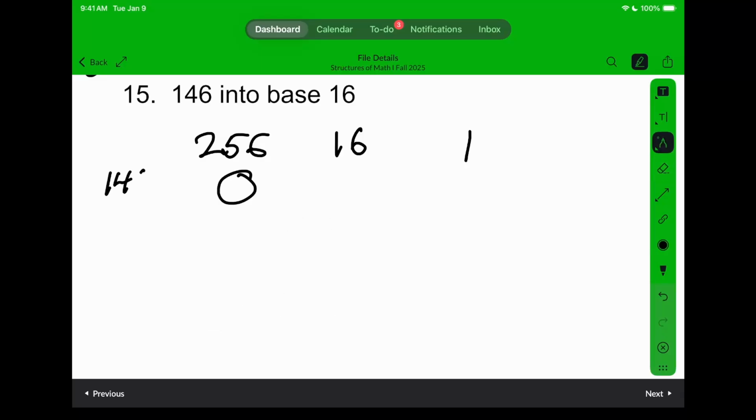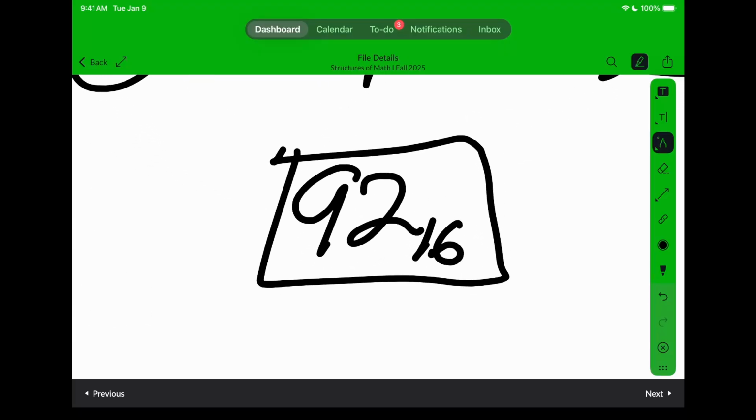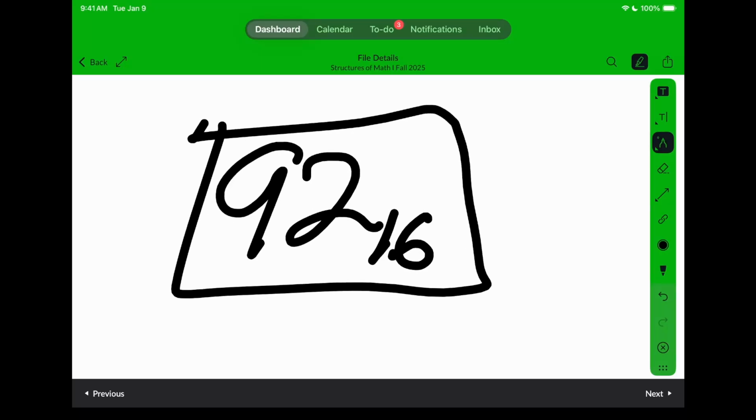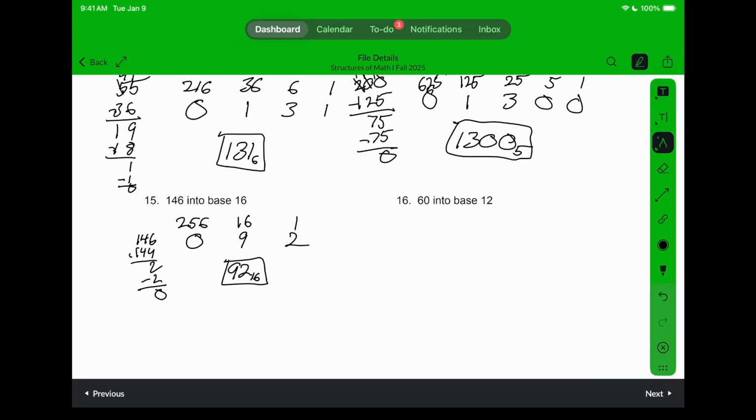So 146 minus 144, we'll be left with 2, which would mean 2 units. So 146 is 92 base 16. You also got to remember to write that base number smaller than a real number, so it doesn't look like it's part of the number.